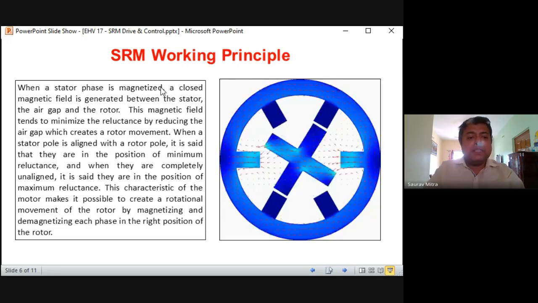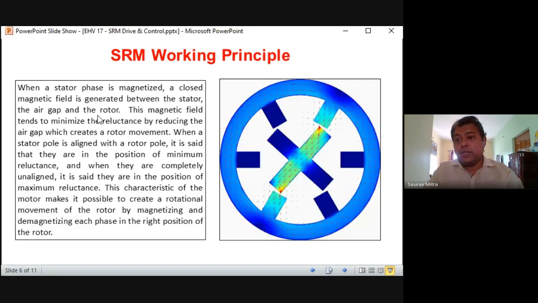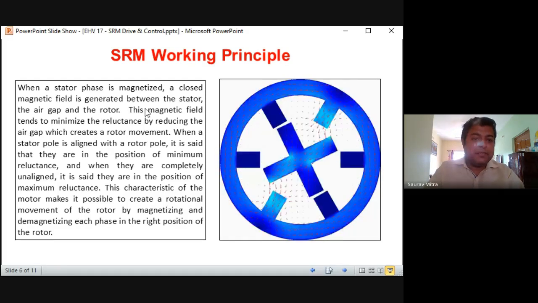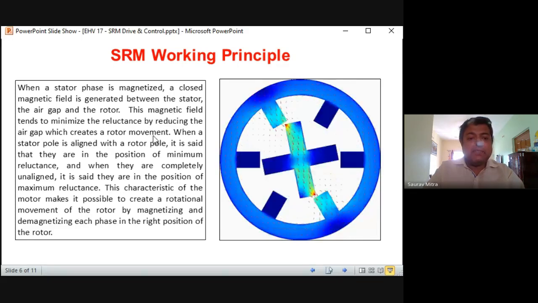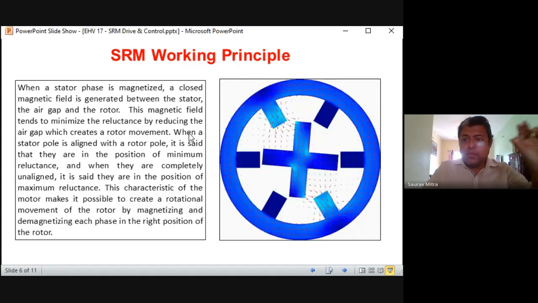When a stator phase is magnetized, a closed magnetic field is generated between the stator, the air gap and the rotor. So the rotor will try to align itself in such a way that the air gap between the stator and rotor is minimum. That is called least reluctance. The magnetic field tends to minimize the reluctance by reducing the air gap, which creates a rotor movement. So the rotor rotates because it wants to have the least reluctance path between the stator pole, air, and rotor.